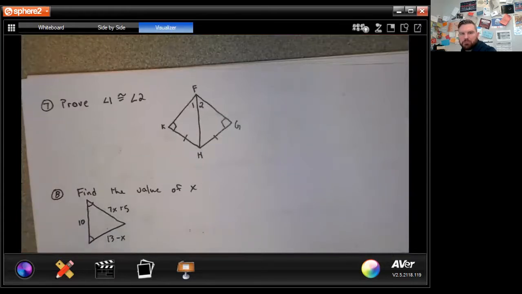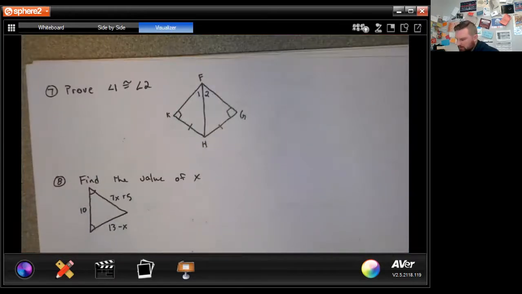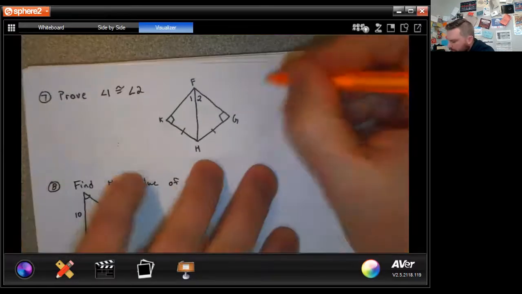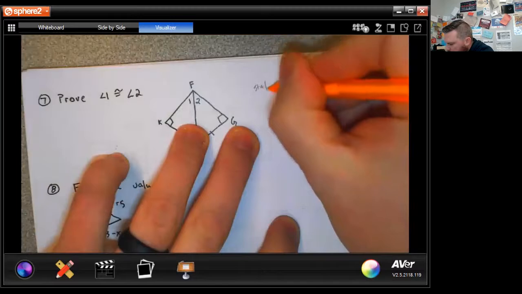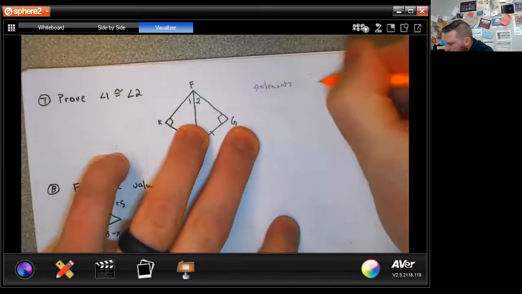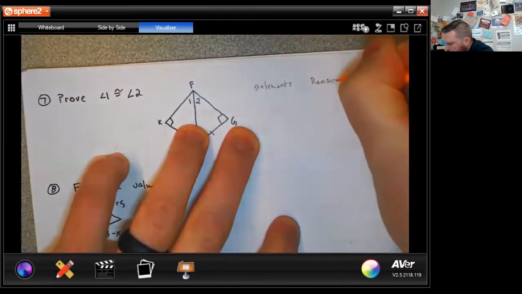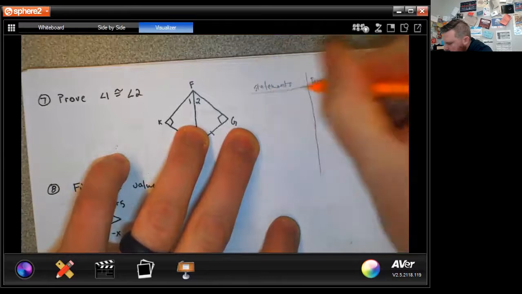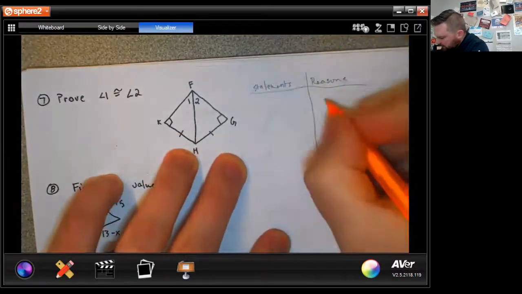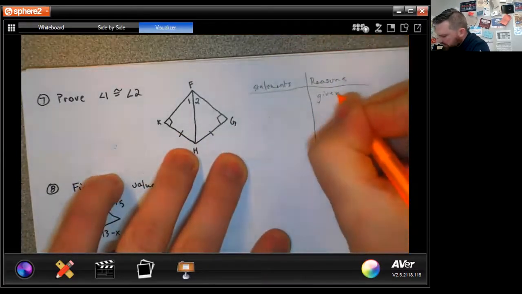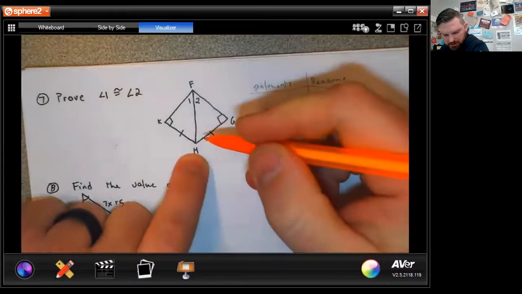Okay, so prove that angle 1 is congruent to angle 2. We're just going to set up statements and reasons here. Given is your first reason. Looking at this picture, what are we given?